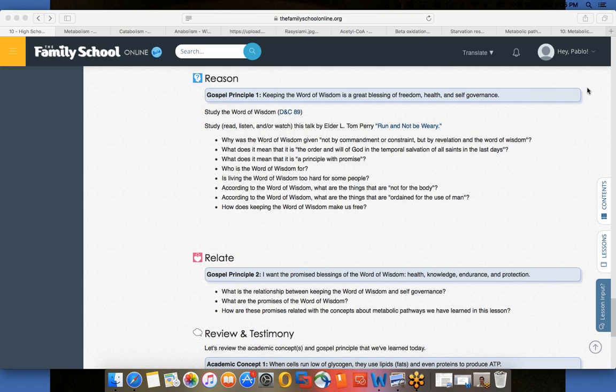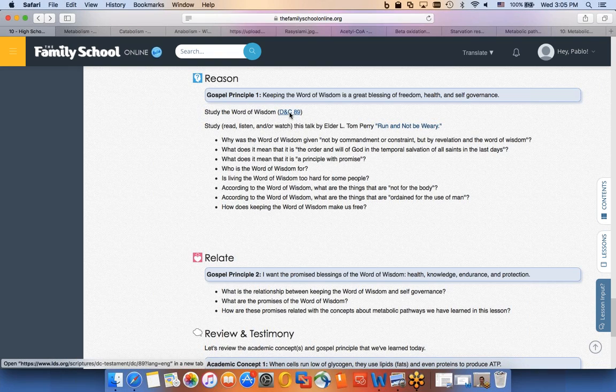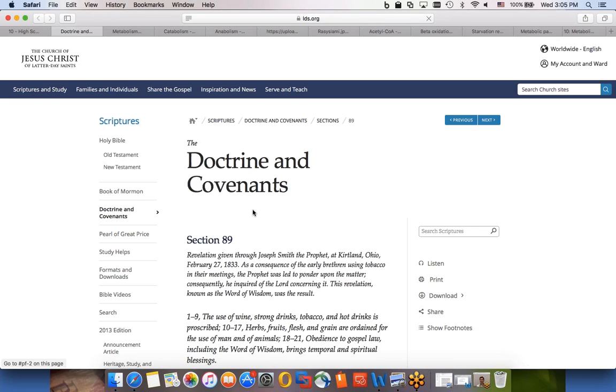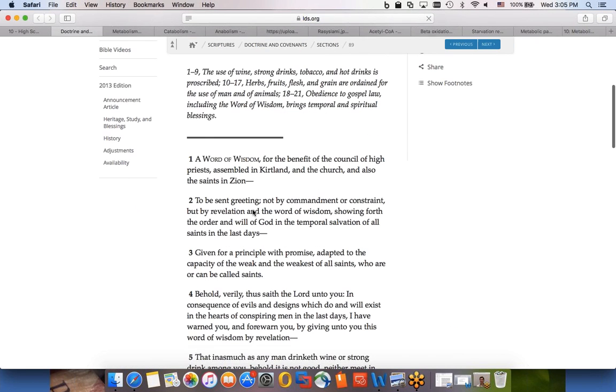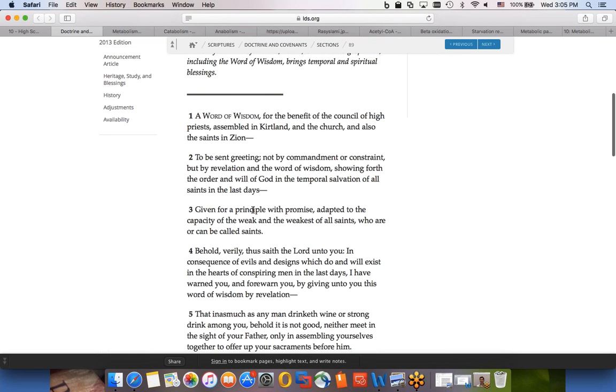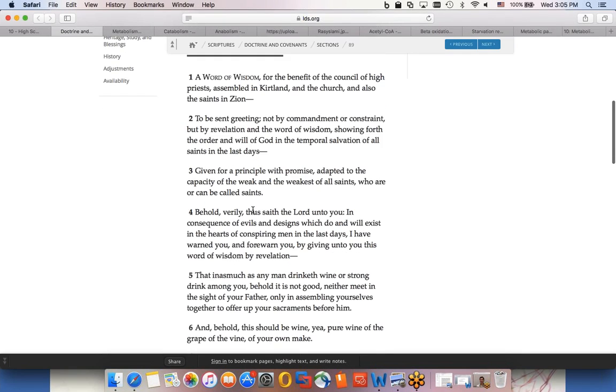One of the scripture masters was D&C 89:18 through 21, I think it was. How those who keep the word of wisdom will receive health in the navel and marrow in the bones.